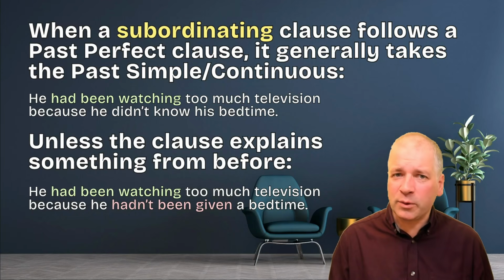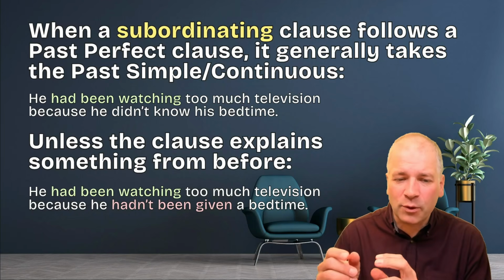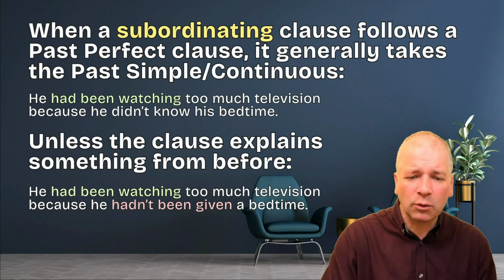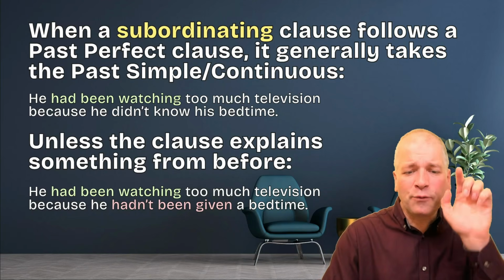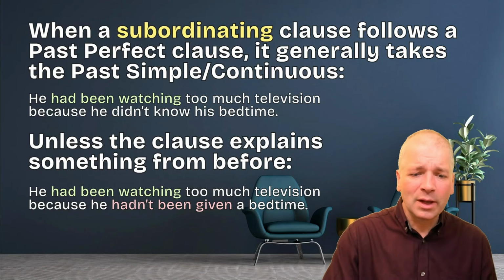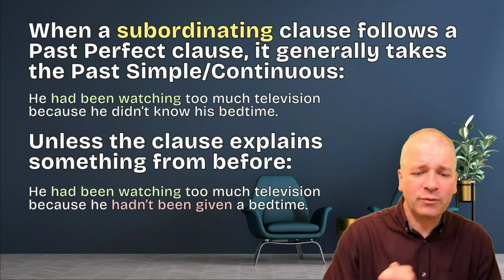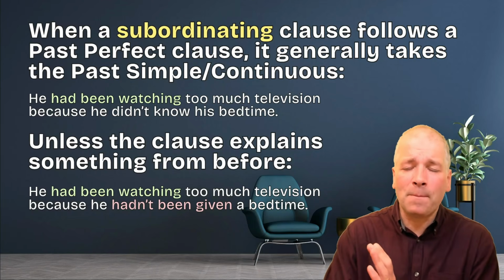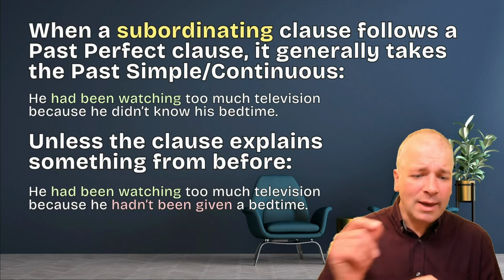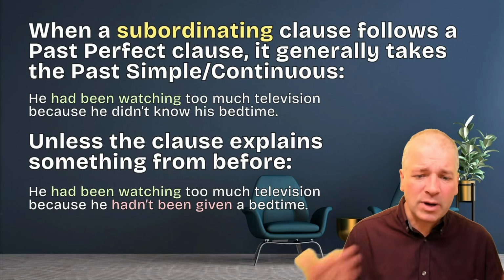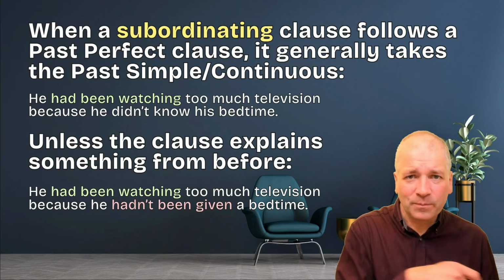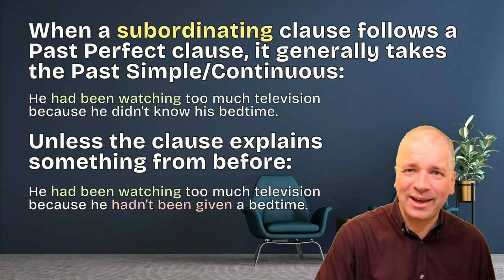And afterwards, we switch into the past simple to give the reason for the past perfect clause, unless the clause explains something from before. He had been watching too much television because he hadn't been given a bedtime. So he had been watching too much television. The reason was because of something before this watching happened. So we use the past perfect again.